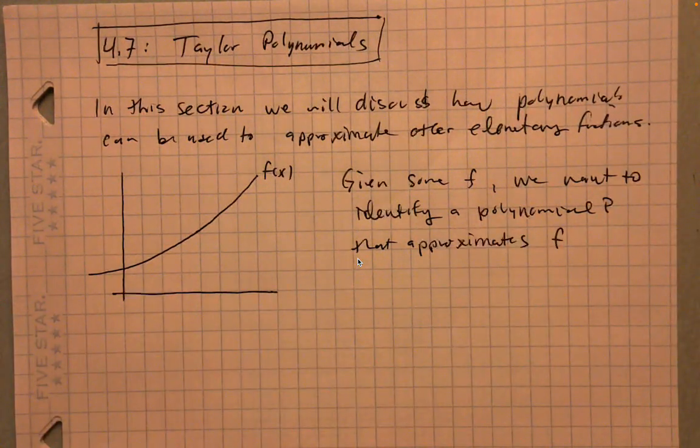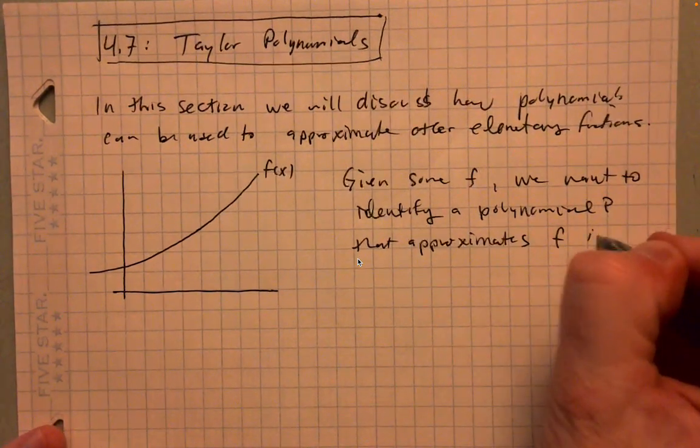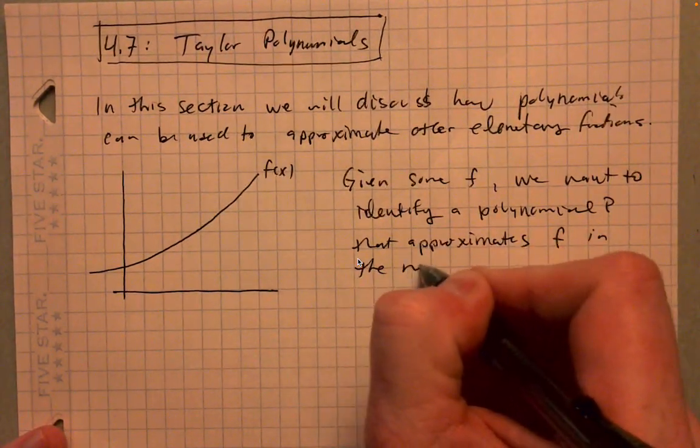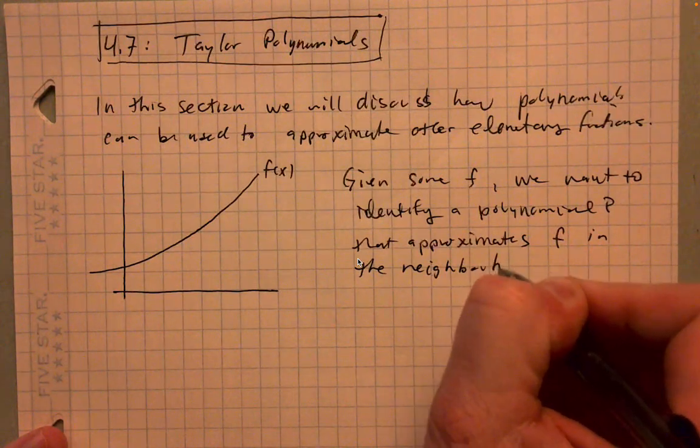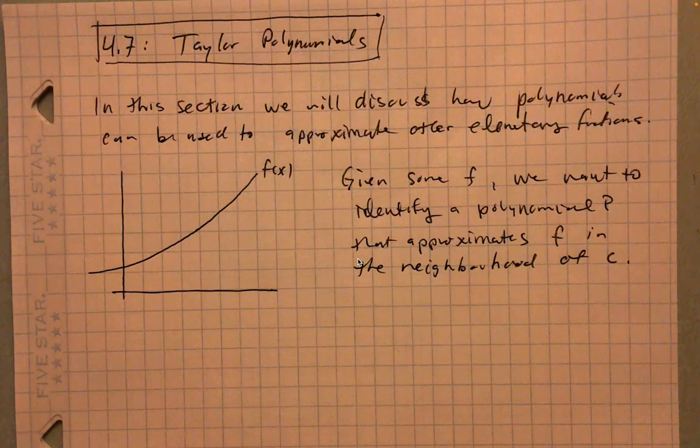Now, when I say approximates f, we have to qualify that. We don't mean approximates f everywhere, but we want to be able to approximate f in a specified region. The terminology we're going to use here is kind of loose, but we want our polynomial p to approximate f in the neighborhood of c, c just being whatever number we choose.